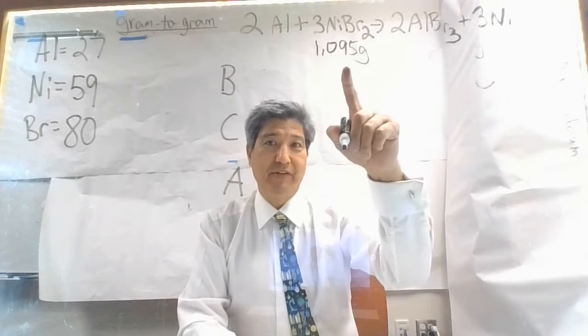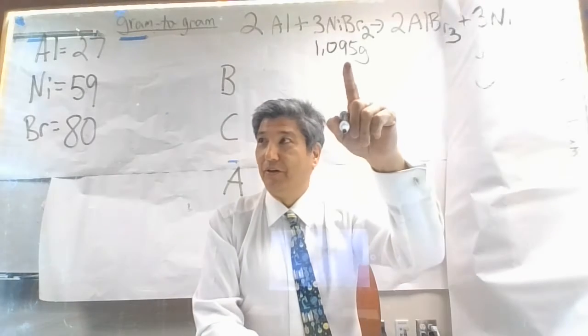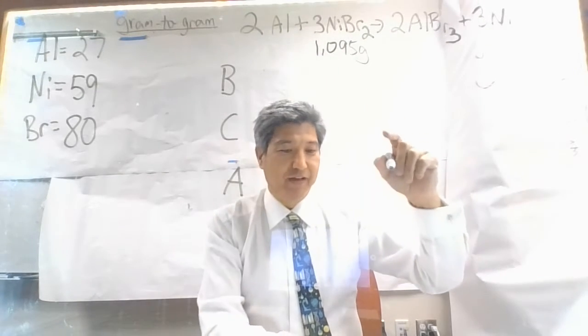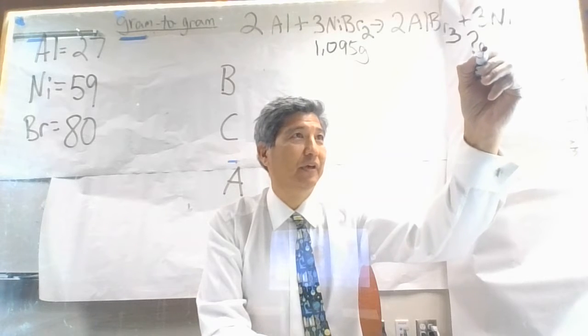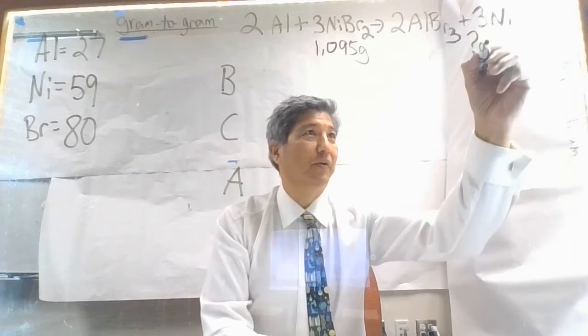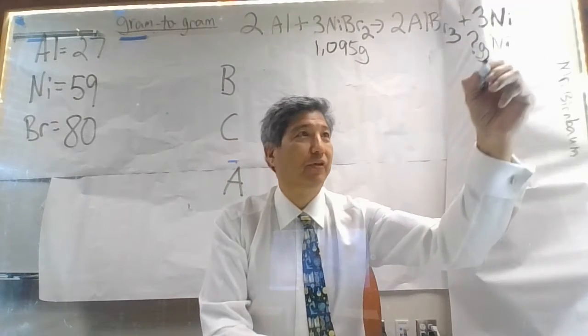You're going to be given this in the question, so you're not going to have to calculate this. What we need to find out is how many grams of nickel we are going to have at the end of this.